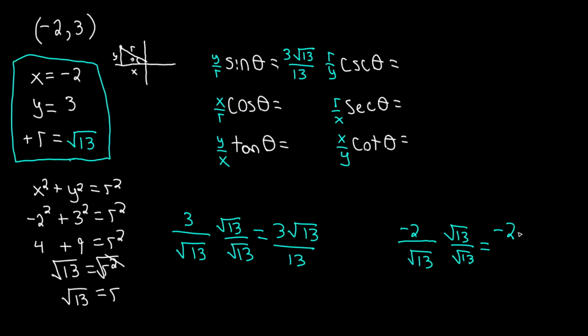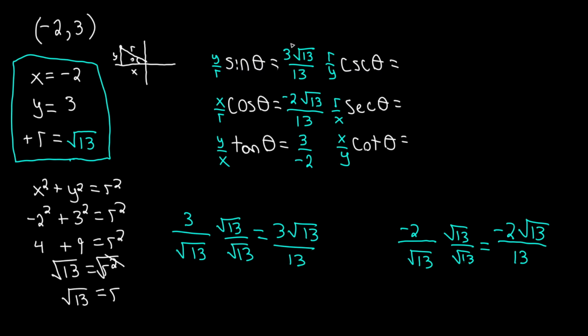So I have negative 2 times the square root of 13 over square root of 13 times square root of 13. So the square roots cancel out and we're left with 13. So I plug that in up here. Tangent of theta, y over x. Here's an easy one. So 3 over negative 2.